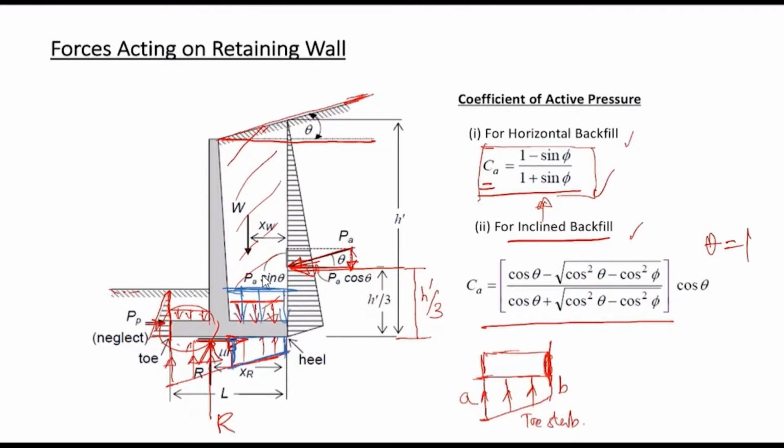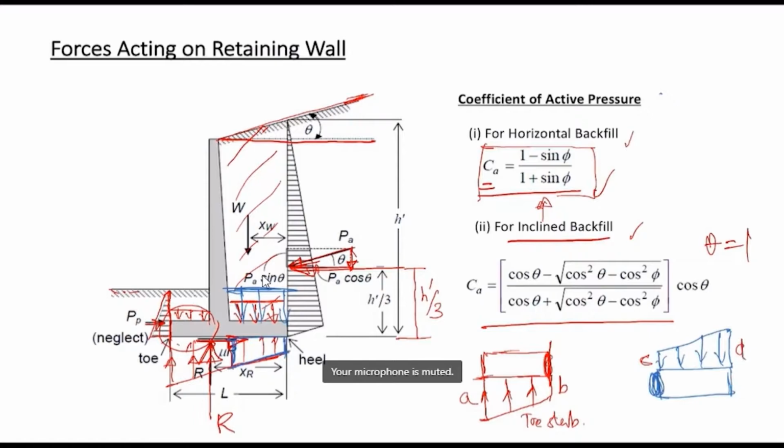So here the net pressure distribution will be like this, and we will have to calculate the maximum bending moment and shear force at this location. So this is C and this is D. So we will have to calculate the values at C and D.